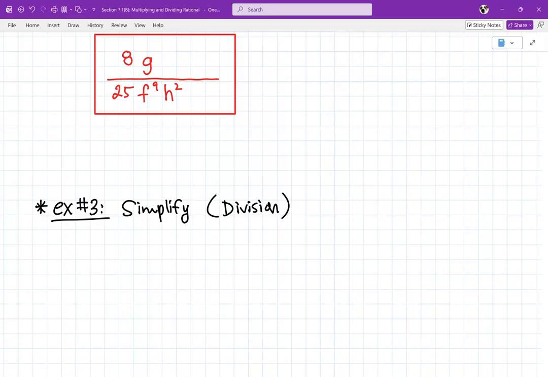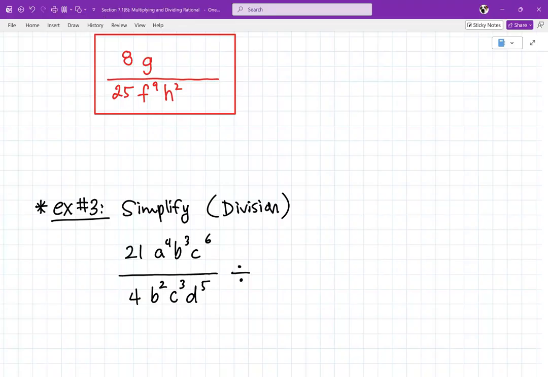So here we go. Let's do 21, a to the 4th, b cubed, c to the 6th. I'm sorry, oh wait, that's a c. That's a c to the 6th. A, B, C on top. Over, on the bottom, it's a 4, b squared, c cubed, d to the 5th. That's a c to the 3rd, d to the 5th on the bottom.